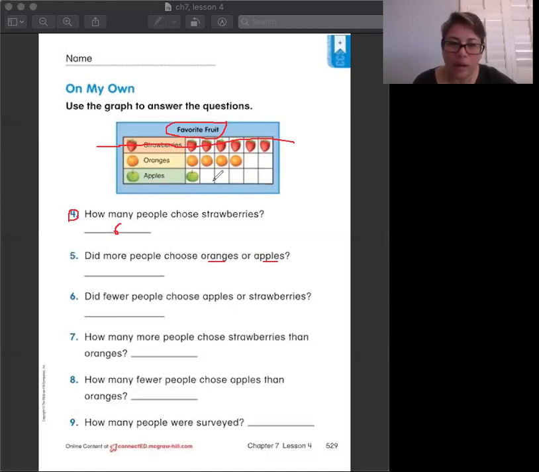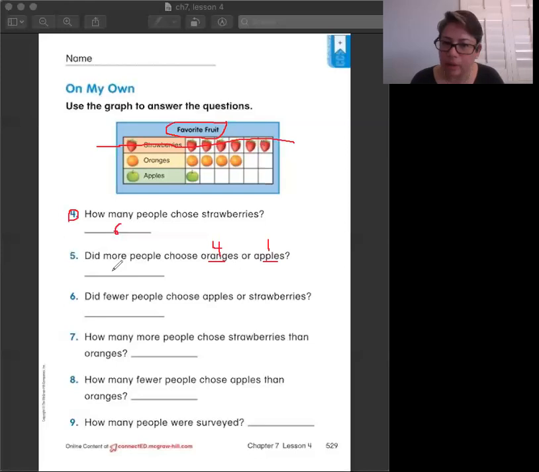So which one had more people choose that as their favorite fruit? Well, let's take a look. 1, 2, 3, 4. 4 people chose oranges, and only 1 person chose apples. So which is bigger, 4 or 1? Yes, 4. So 4 people chose oranges.